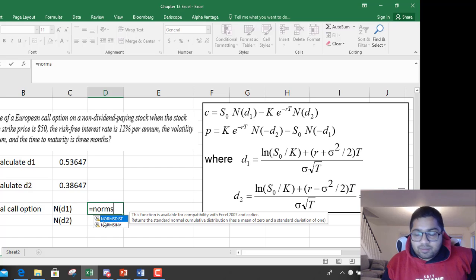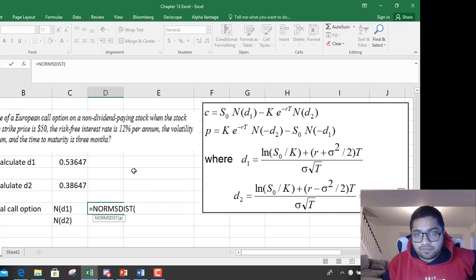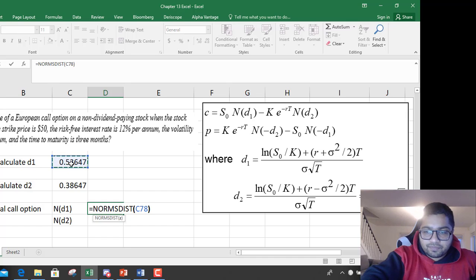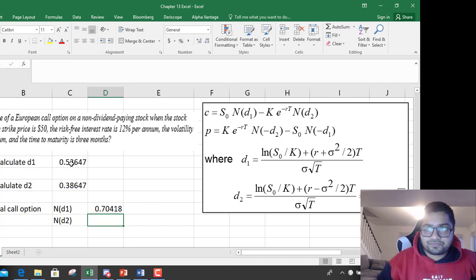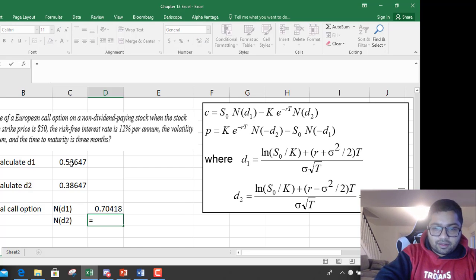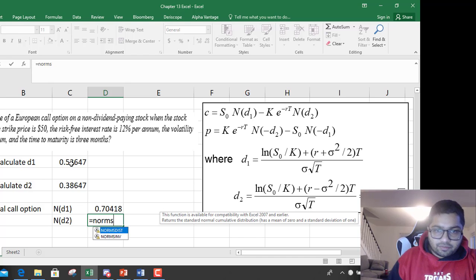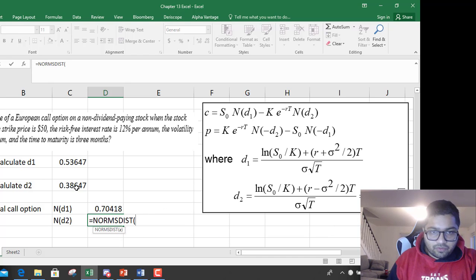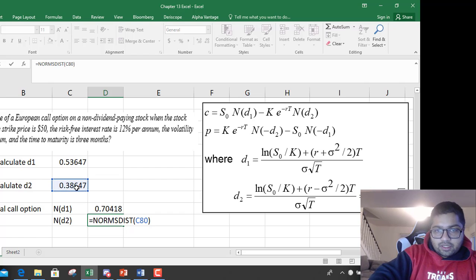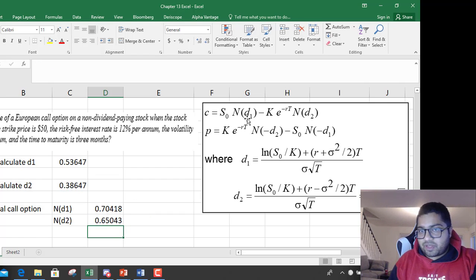That's why I was trying to put a dot, but NORM.S.DIST is the function to calculate N(D1) and N(D2). D1 we know, so it is N of D1. So normal distribution of D1 is 0.7. Okay, and normal distribution of D2 is 0.65. So we know N(D1), we know N(D2).